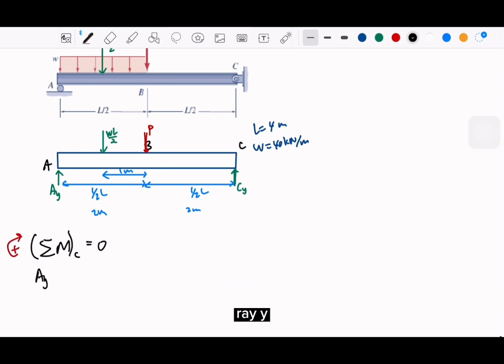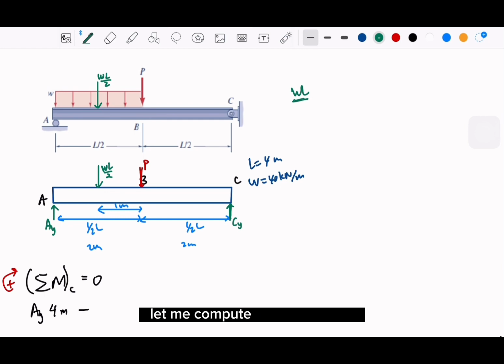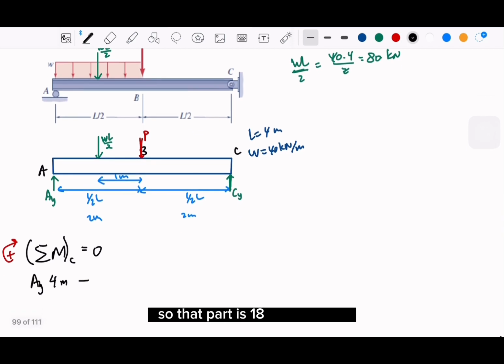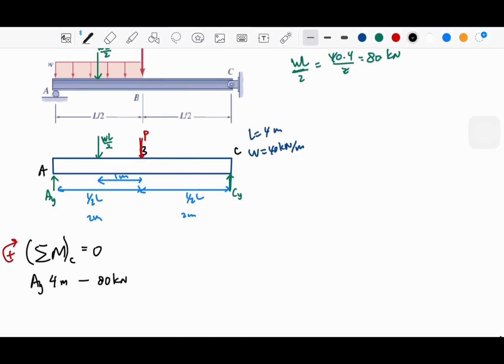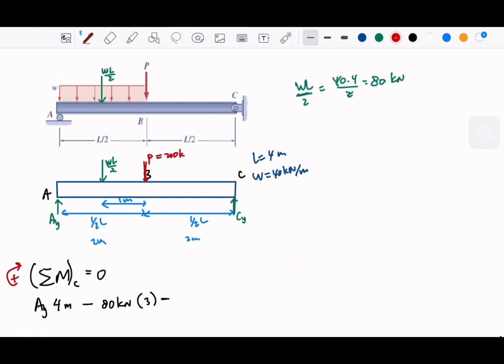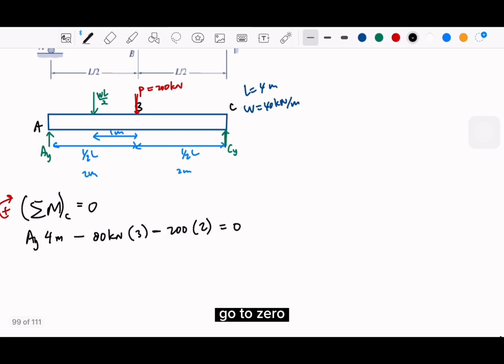So AY is 4 meter, and then minus, let me compute first, 40 times 2 is 80. 80 kilonewton, so that part is 80, multiplied by 3, and then minus P, which is 200, so this will be 200 and then 2 equal to 0.